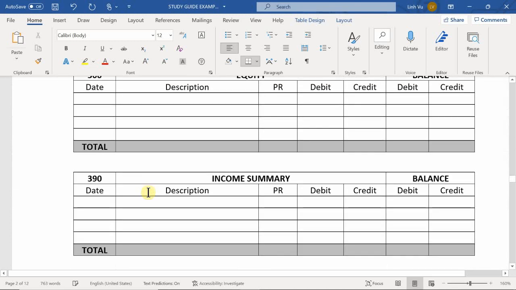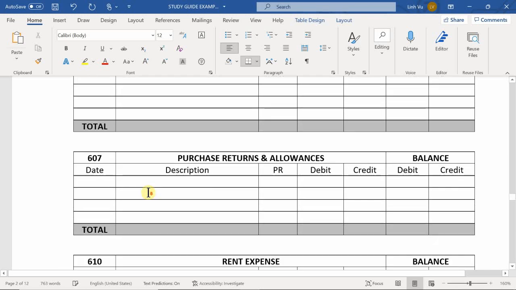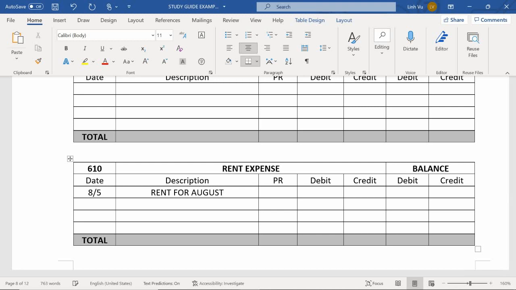It's August 5th, the rent for the month of August. On page number one, we have $1,500 on the debit. And now we're going to the checking.